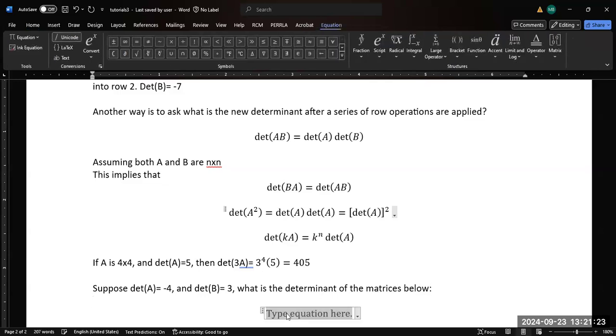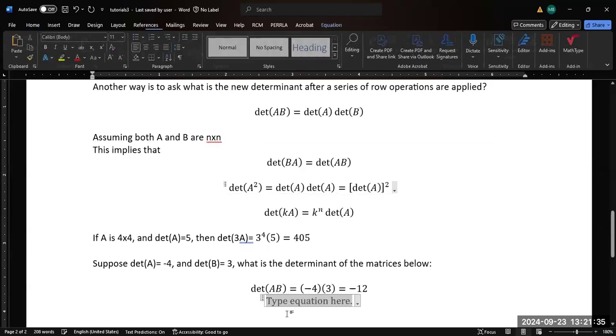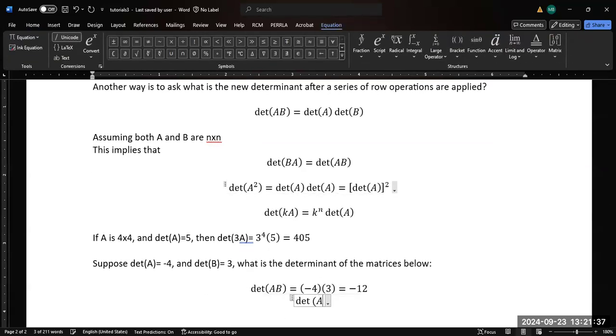You might have something like det AB, which would just be -4 times 3, which is -12. And what about det A squared? Well, that would be -4 squared, so that would be 16.